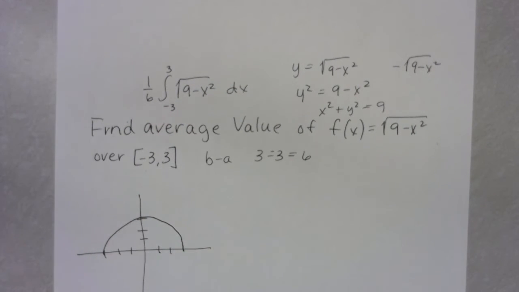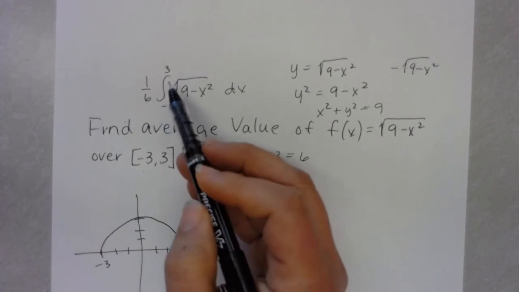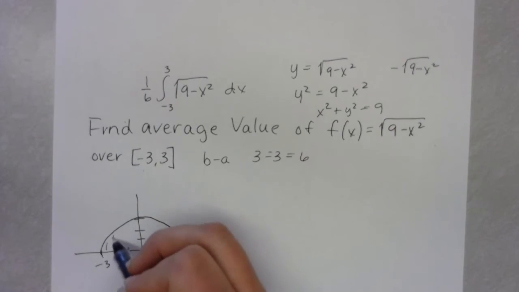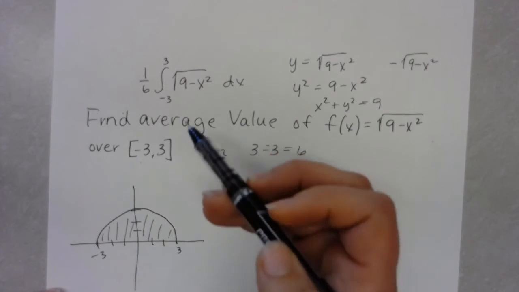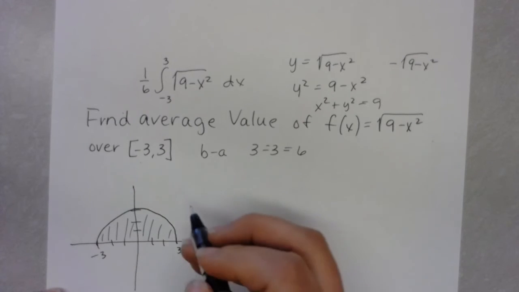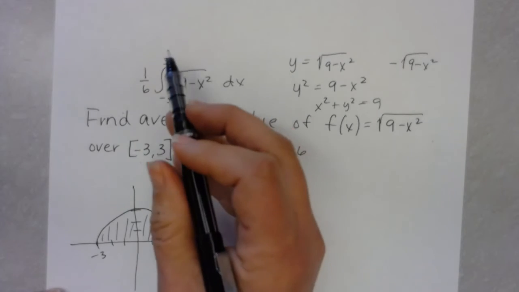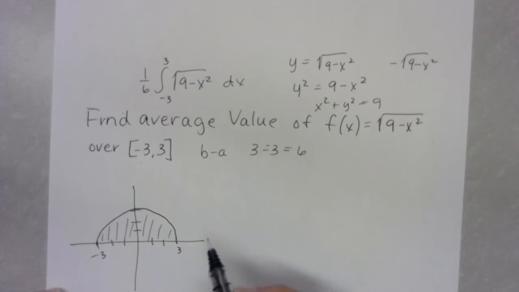This is positive 3 and this is negative 3, and we want this whole part. I know we did a circle before and we only did a quarter of it. This time we have the whole top half from negative 3 to 3. So right now I'm just trying to calculate this part right here, and then I'll just multiply it by 1/6 in the end to find the average value.